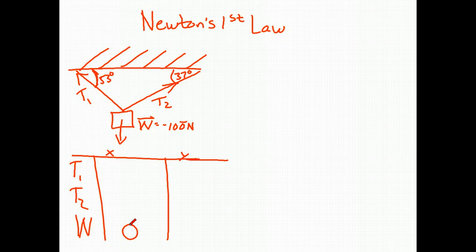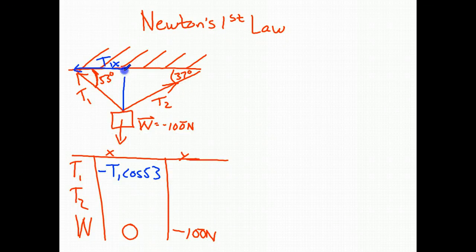The easiest one is 0 for W in the x direction. All of it's pointing in the y direction. Now if we look at T1, change colors here to show the x direction. T1x points to the left, so that means it will be negative, and it is T1 cosine of 53.